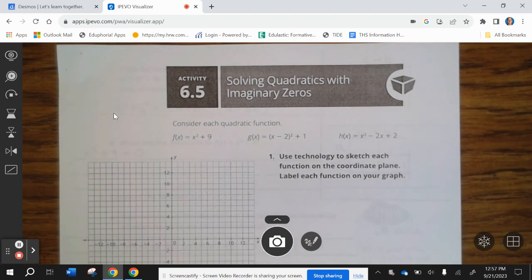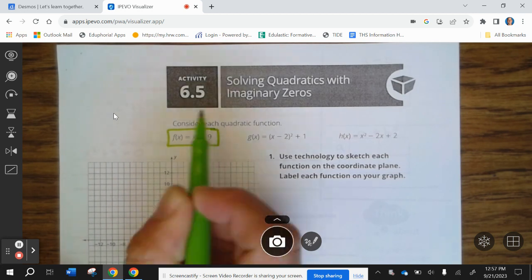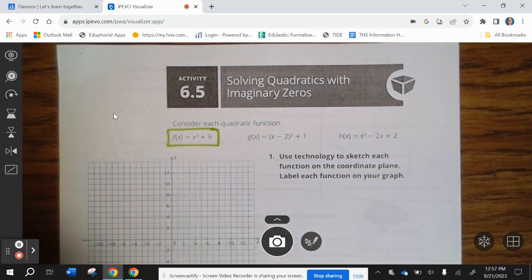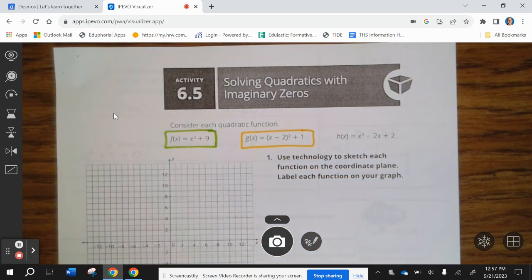Consider each quadratic function. Use technology to graph each on the coordinate plane. I'm going to graph this in green, this in yellow, and then this in pink.